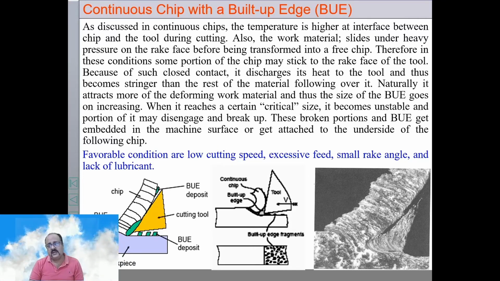Small rake angle means the pressure increases, lack of lubrication means friction is high, temperature is high, so there is no coolant here, and cutting speed also results in the same thing. So all these factors result in the welding of the workpiece material on the tip of the tool, resulting in the formation of a false cutting edge, which we call a built-up edge or BUE. So this is highly unwanted and should be avoided while machining ductile materials.